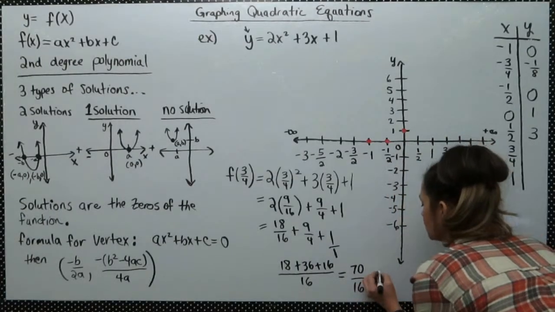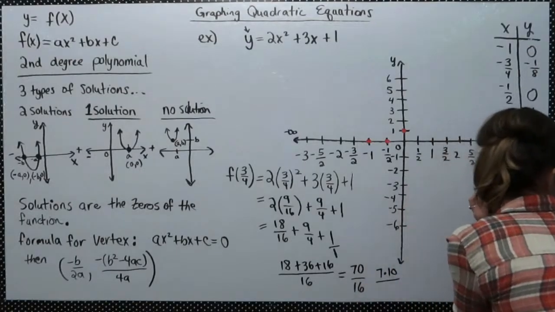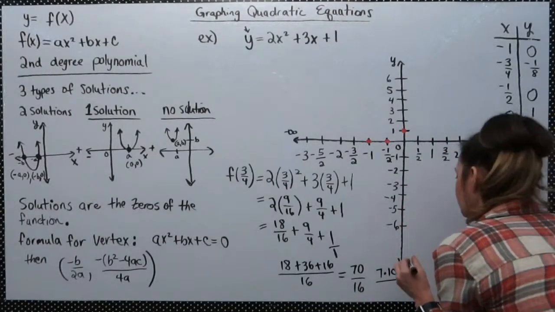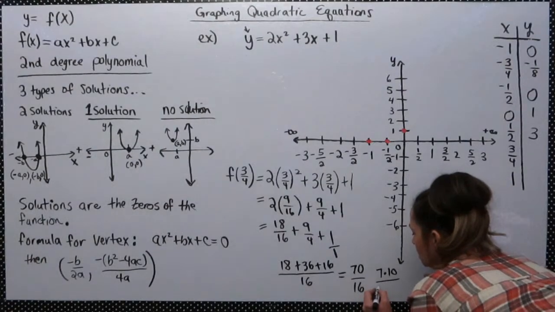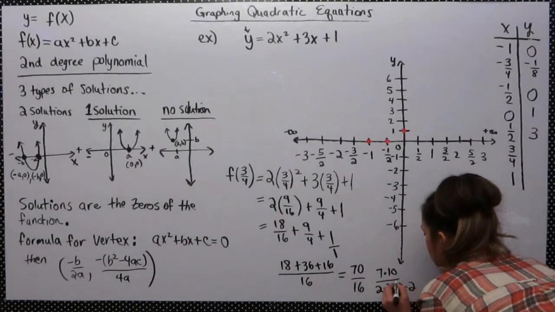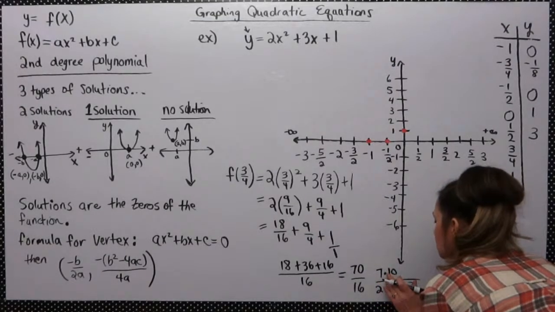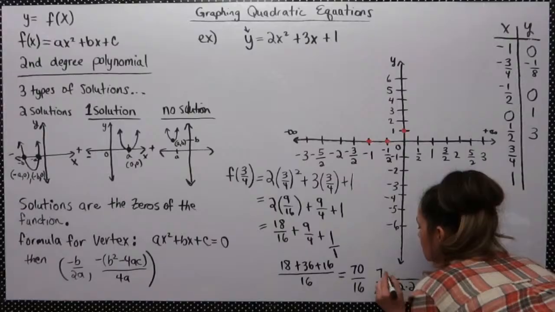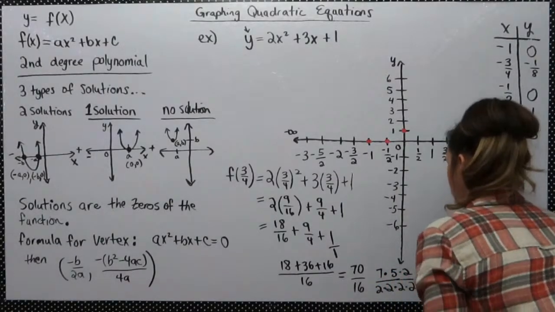All right, so that's 7 times 10. When you're reducing fractions down, what you're doing is you're splitting it up into its prime factorization and you're going to reduce down anything that you can. So this is 2 times 2 times 2 times 2 is 16 because it's a base 2 number. And then it's 7 times 10. So it's 7 times 5 times 2 is 70.